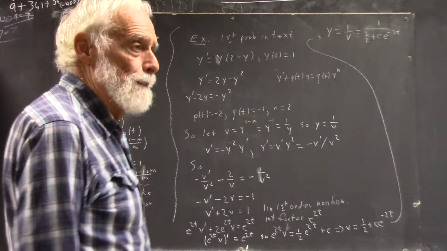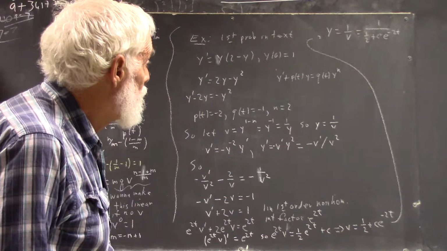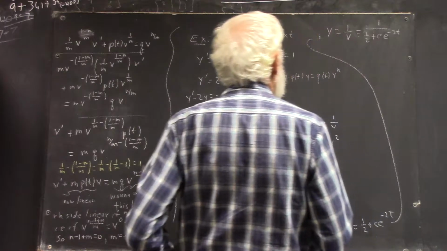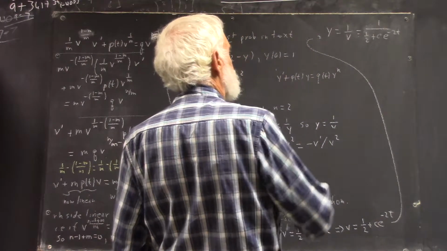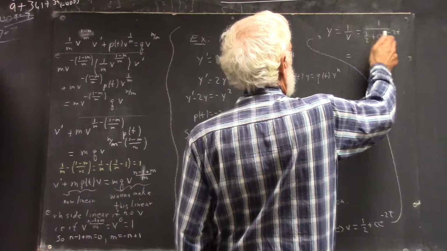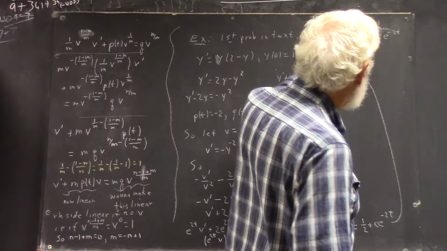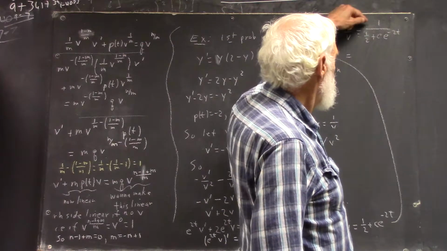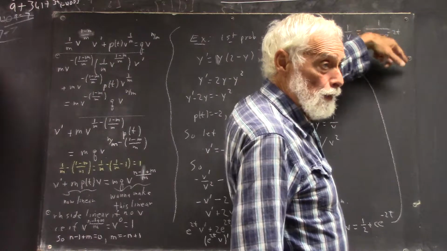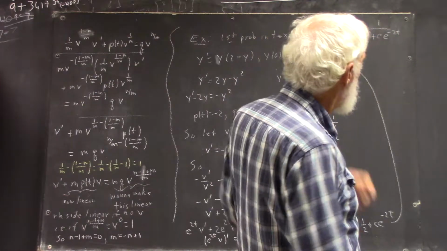So y is this, okay? Well, it's still kind of a complex fraction. You got the 2 in the denominator, so we could at least multiply both sides, or numerator and denominator by 2. I get 2 over 1 plus C e to the negative 2t, C absorbing the multiplication by constant.